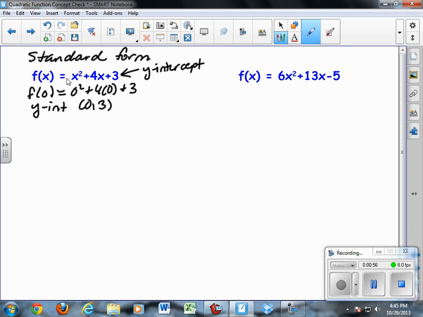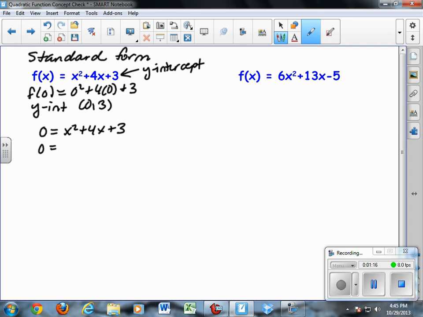Now if I want to find x-intercepts, I would have to either factor or use the quadratic formula, because if I set this equal to 0, x squared plus 4x plus 3, two ways of finding values for x that will make this equal 0 are factoring or using quadratic formula.